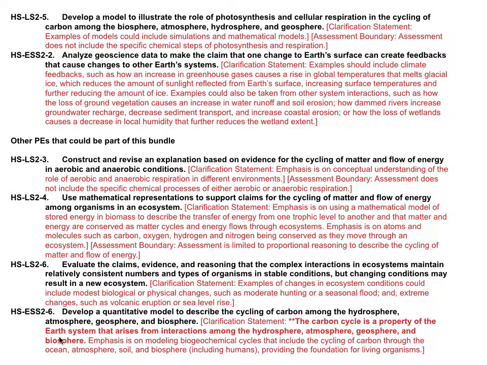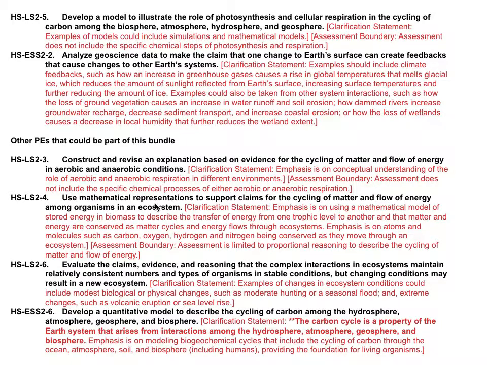Now, these other PEs aren't covered quite as directly, but we do have a good foundation for jumping off into them. LS2-3 is about cycling of matter in aerobic versus anaerobic conditions. And so we can basically extend our example of the cycling of matter there into those two specific conditions.